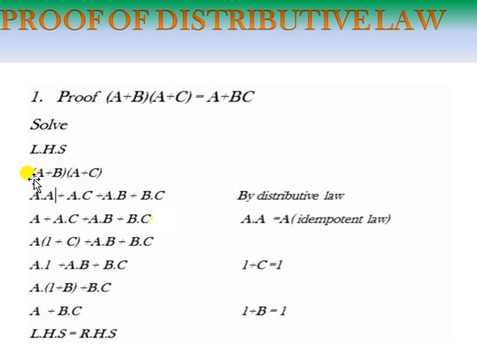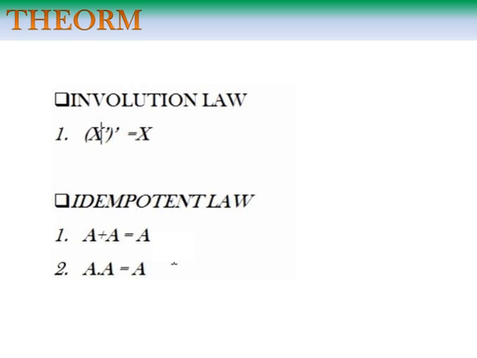Using the distributive law, A dot A plus A dot C plus A dot B plus B dot C. Now A dot A equals A. Which law have we studied? The idempotent law: A dot A equals A.